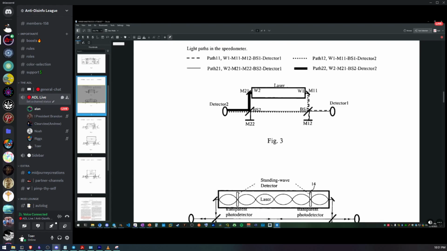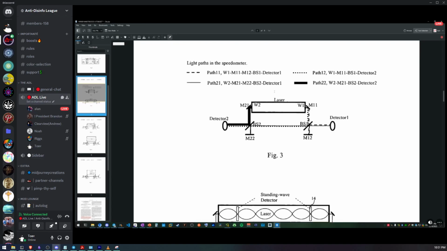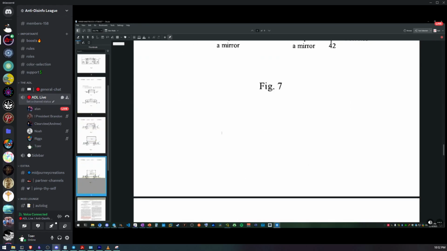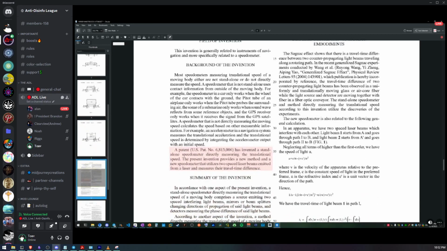He's describing the split as two beams. Laser mirrors. Oh yeah, it does look like it's being split, yeah, with the two different detectors. Okay, all right.